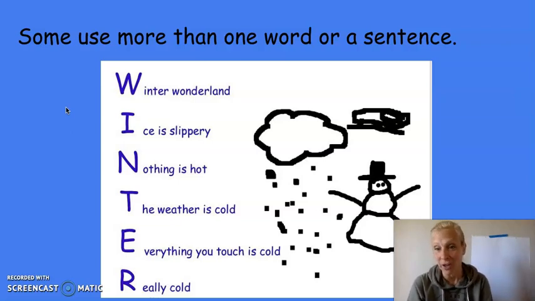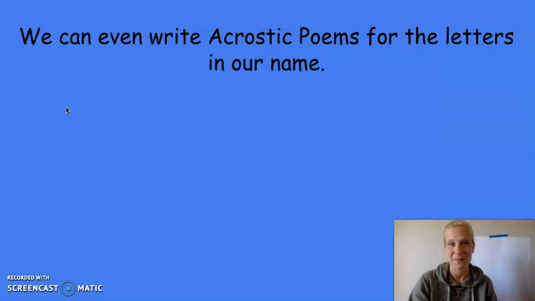So we learned that an acrostic poem starts with the word going down the side, then going across each of those letters is where our acrostic poem starts, and we can use one word, short sentences, or long sentences, and all the words that we choose describe what our poem is about.